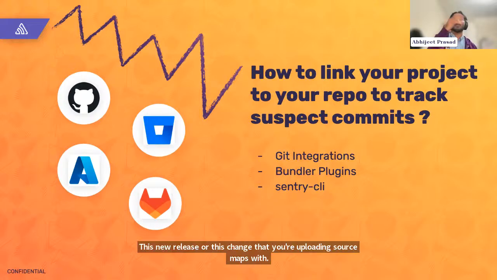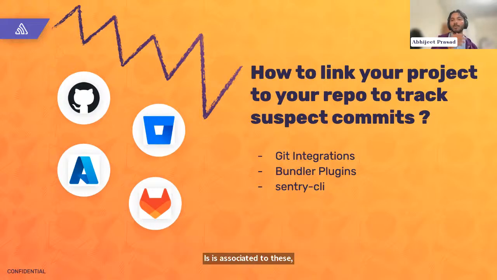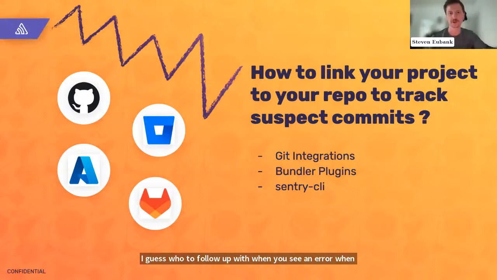And then you can set up an integration with GitHub, GitLab, or any of these other providers that we support to automatically go back and forth between them. This is really useful. It's essentially like having Git blame in your Sentry issue. So you know exactly who to follow up with when you see an error, when you got pinged about it in Slack or something like that. Who to ask for help, not who to blame.